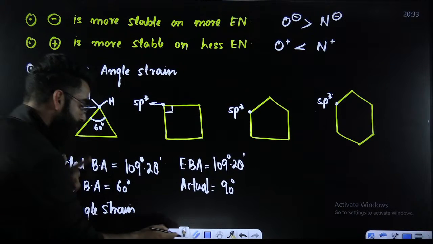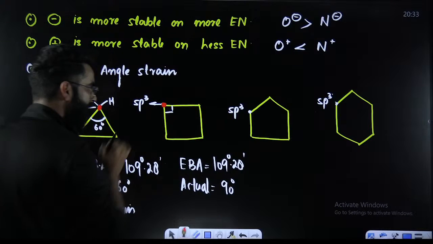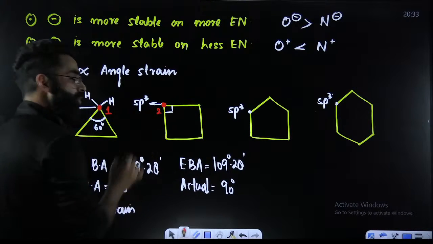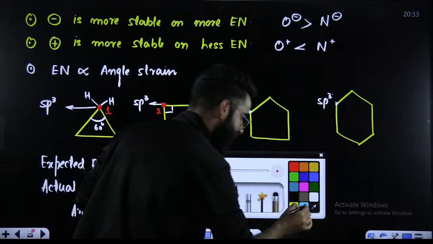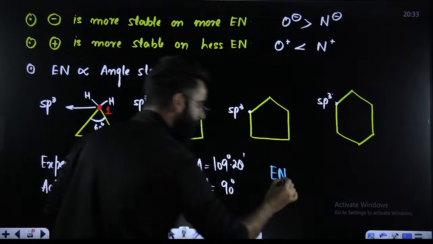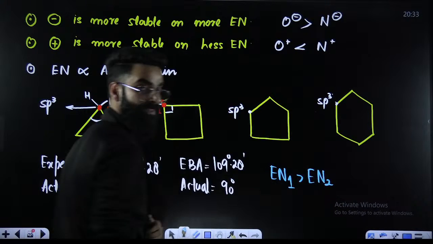So if I talk about this particular carbon and this particular carbon, which one is going to be more electronegative? I must say the electronegativity of the first carbon will be more than that of the second carbon.